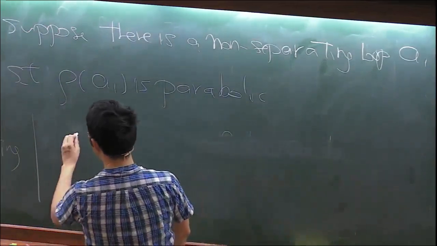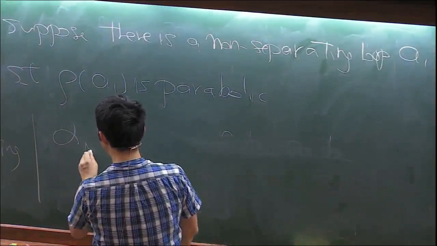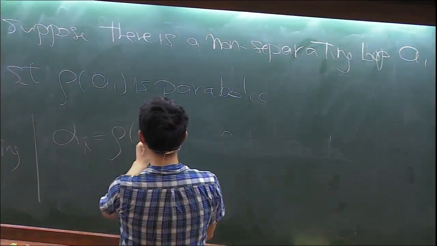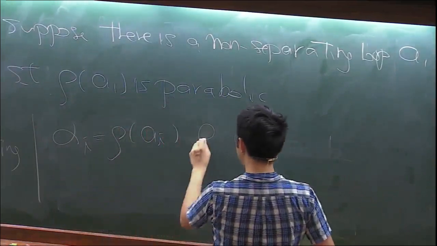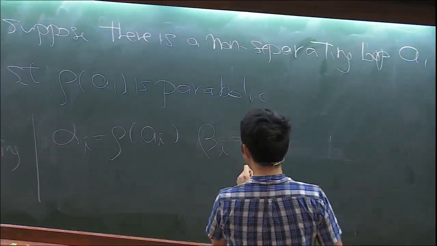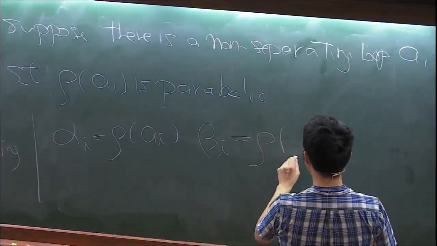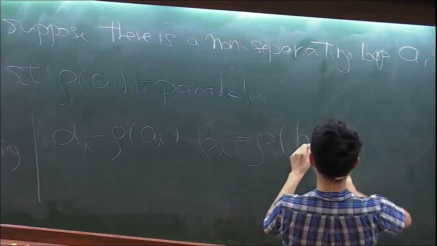So maybe let alpha i be the holonomy of Ai, and beta i be the holonomy of Bi.